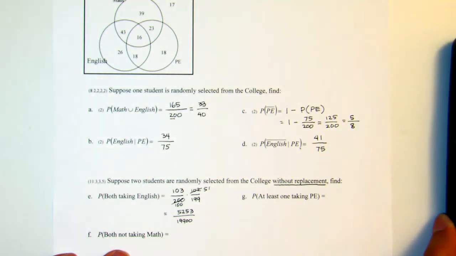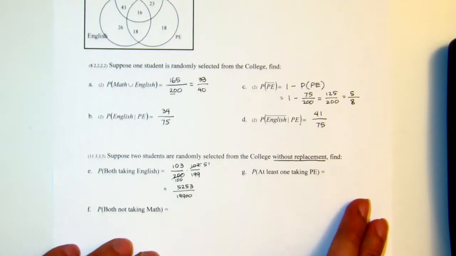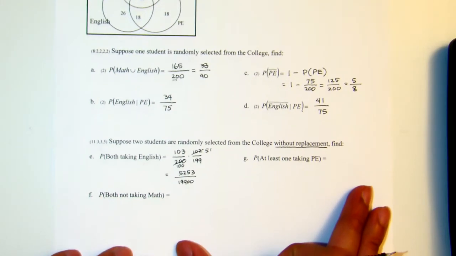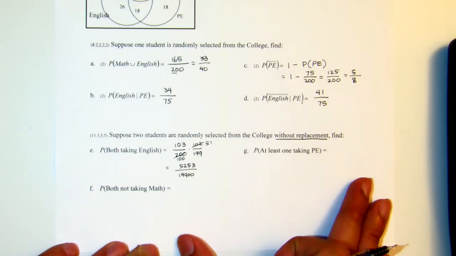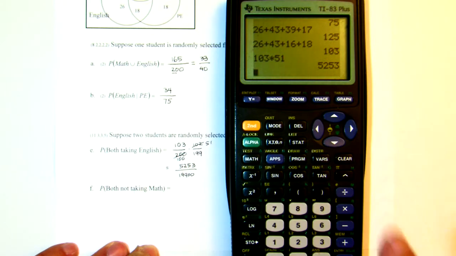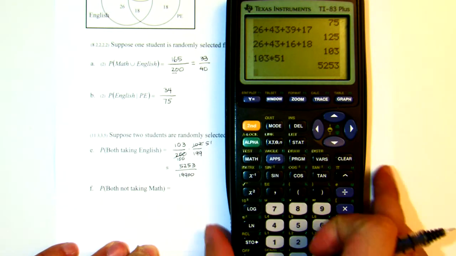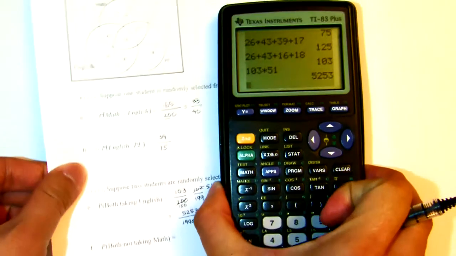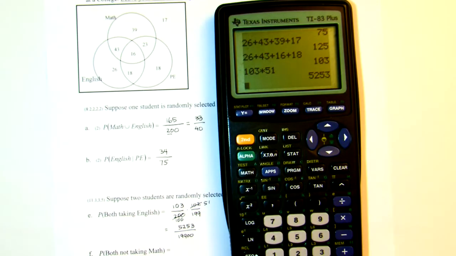Okay, that's part E. Part F: what is the probability that both of those students are not taking math? Think about how many students are not taking math. Well, how many students are taking math to start with? Let's compute it first. That will be 43 plus 39 plus 16 plus 23.